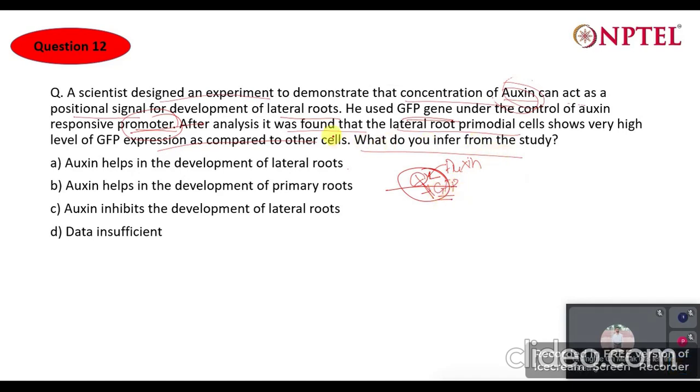So in the lateral root primordial cells, it is showing a high level of GFP expression, and lateral root primordial cells help in the development of lateral roots.